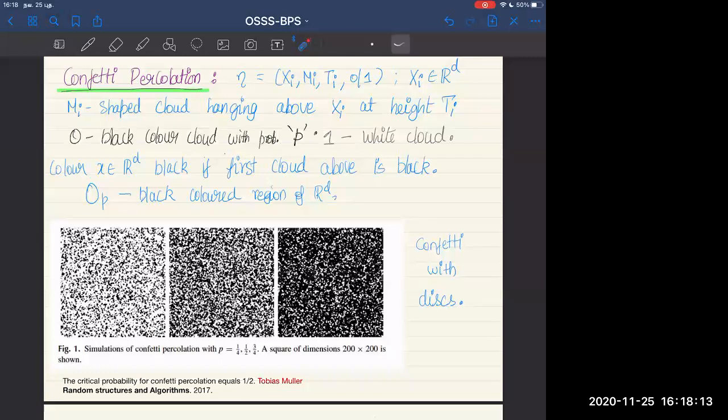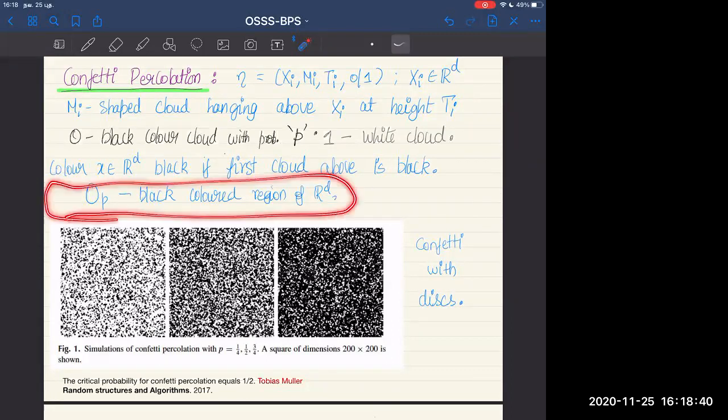So if the cloud above x is black, x is colored black, and you look at the black colored region of R^d. You place clouds at heights T_i above R^d, all random. You color them black with probability p, white with probability 1 minus p. Then you look at all the points which see a black cloud, and you can ask about percolation of this.